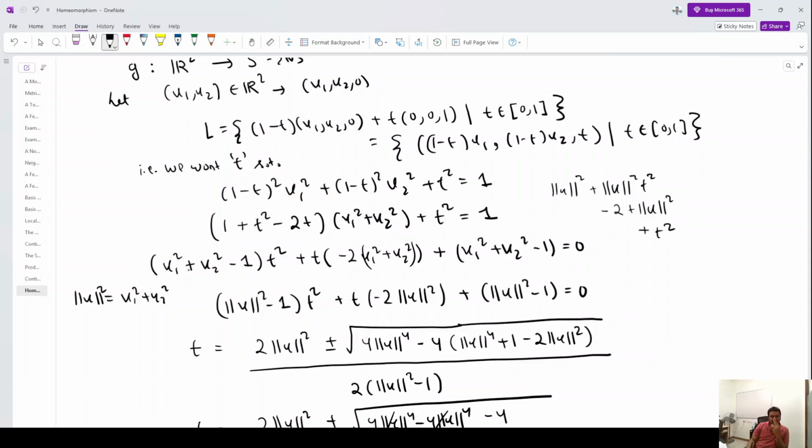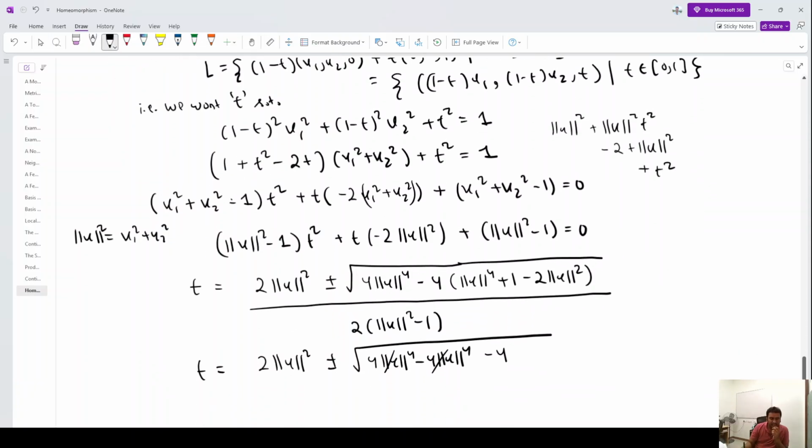So this is plus t square, right? Can you see what my mistake is? This should be plus. And now let us change this. You see, these silly mistakes happen sometimes. It's not a very big deal. So for ab, this is norm x to the fourth minus 1.